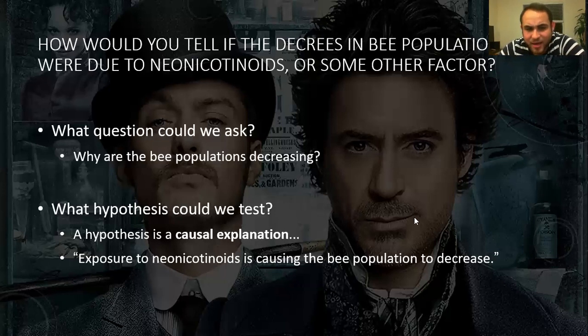So for example, a clear hypothesis would be: exposure to neonicotinoids is causing the bee population to decrease. Bee populations are decreasing because of exposure to this chemical right here. That's a very viable hypothesis. So what differentiates a hypothesis from a guess, from a prediction?